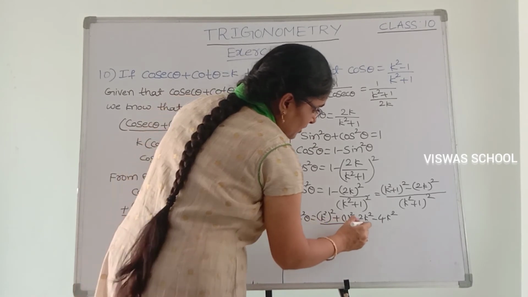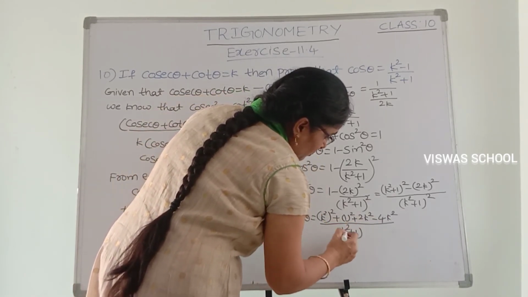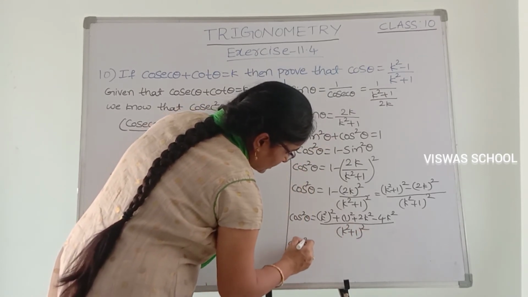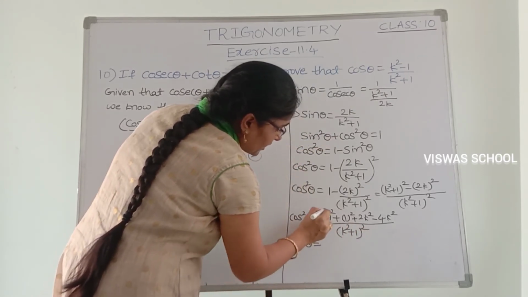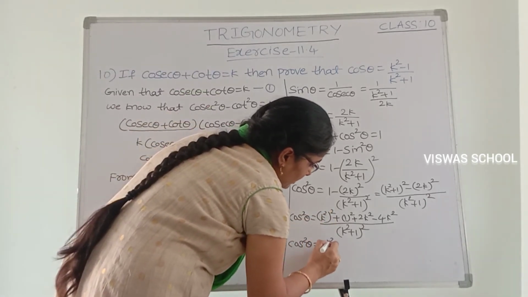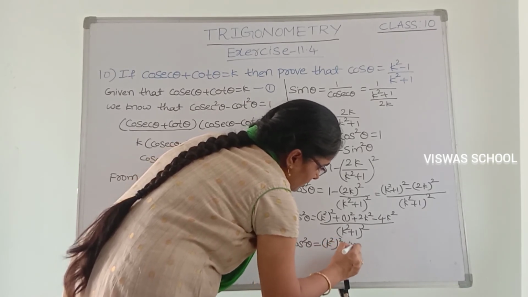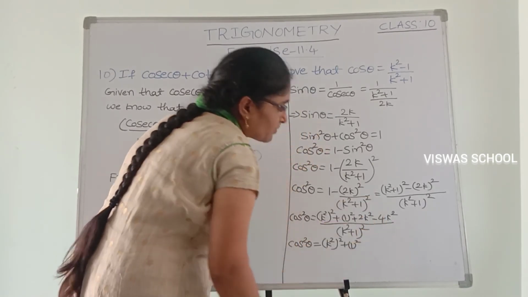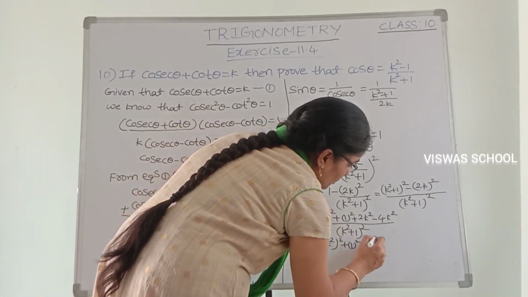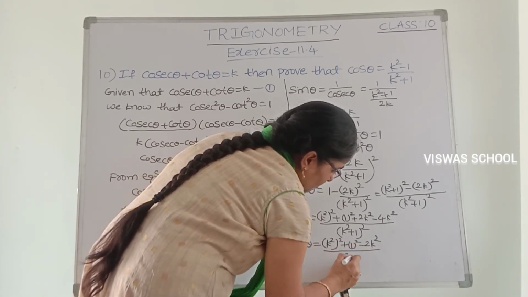The denominator is as it is, k square plus 1 whole square. Now cos square theta is equal to k square whole square, plus 1, plus 2k square minus 4k square, which is minus 2k square, by k square plus 1 whole square.